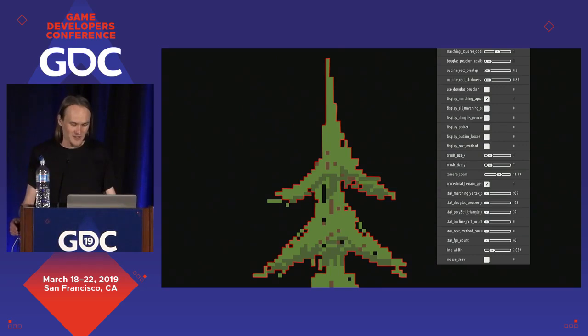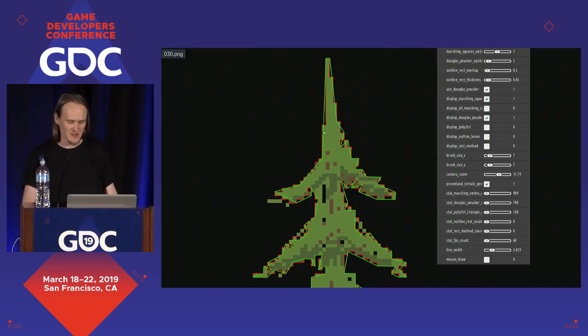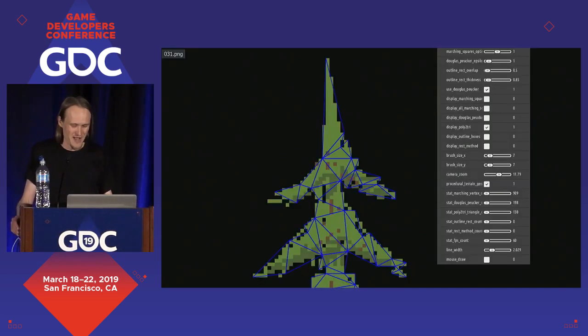And that's a lot of vertices, so what you do then is you give it a Douglas-Peucker algorithm, and that essentially just smooths that out, so you get a lot fewer vertices. And once you have the smoothed out mesh, you give it into a triangulation algorithm, and you get a bunch of triangles.